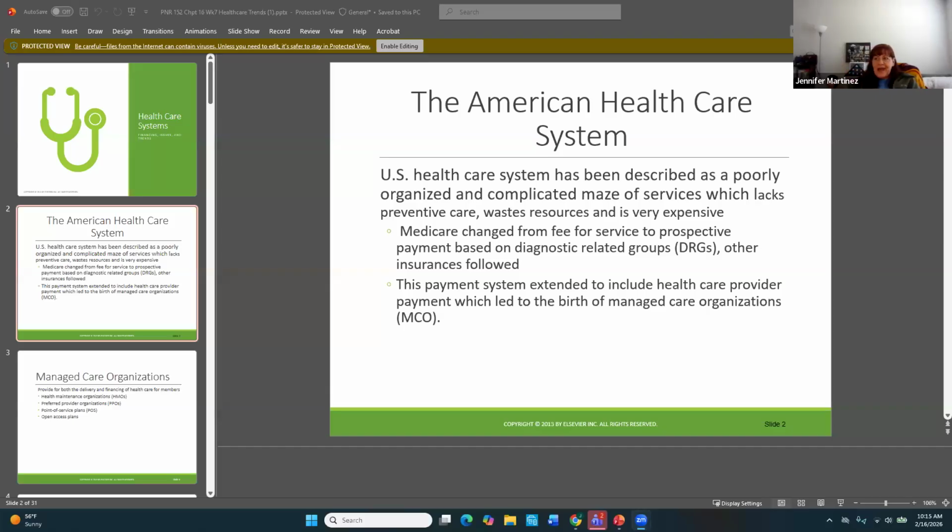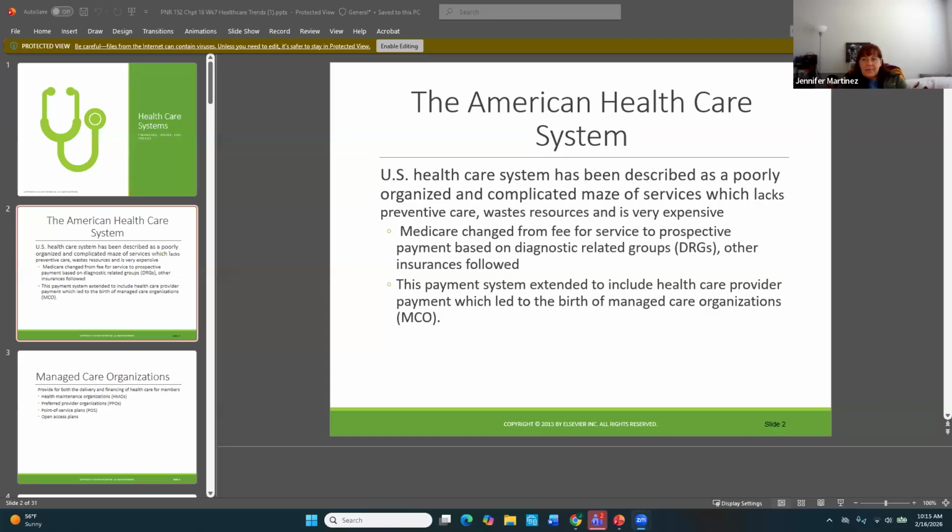That can definitely increase prices, and there wasn't a whole lot of cost containment. And then in the 1960s, we had the Medicare changes. Medicare changed from fee for service to what we call prospective payment, based on DRGs, or diagnosis related groups. And then other insurances followed.